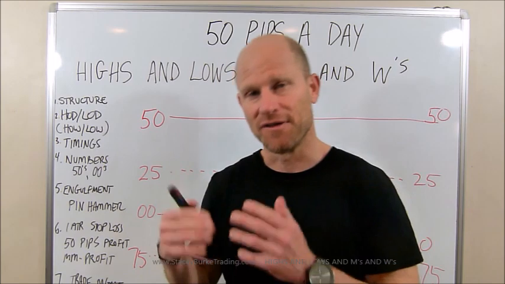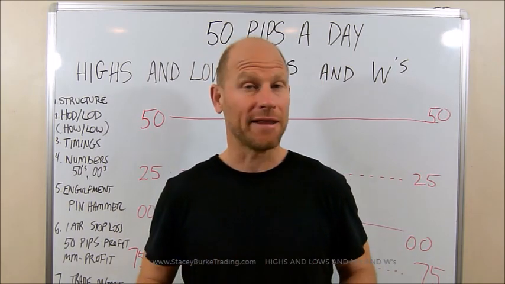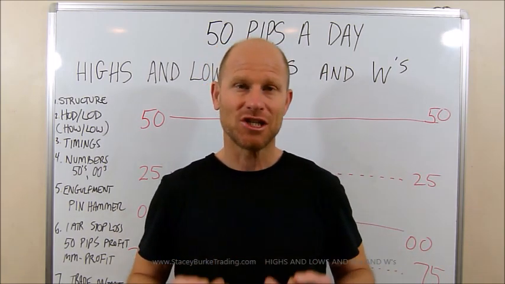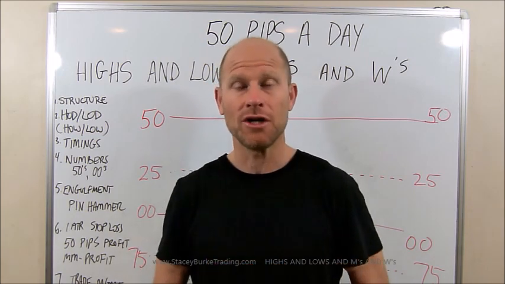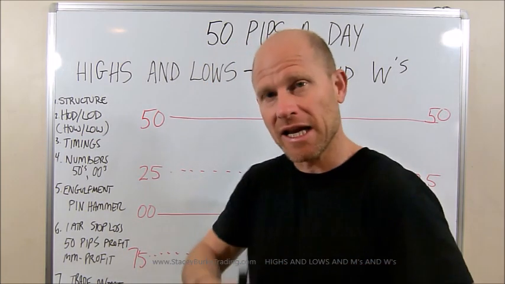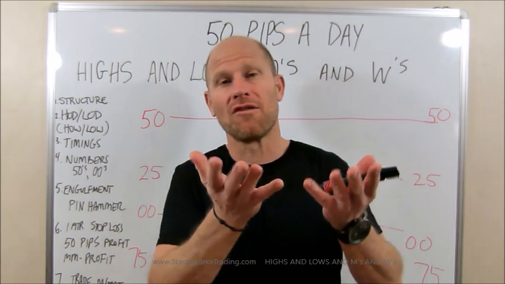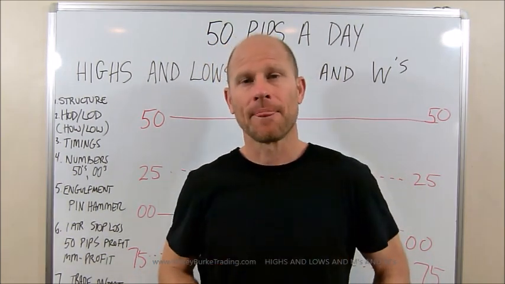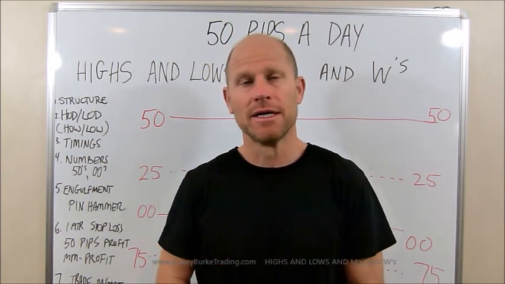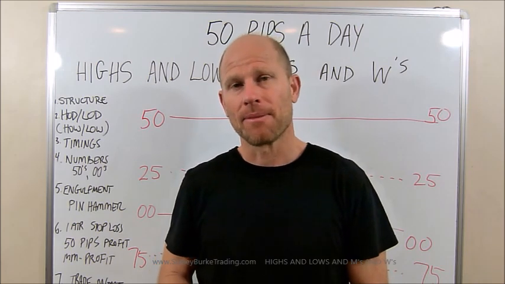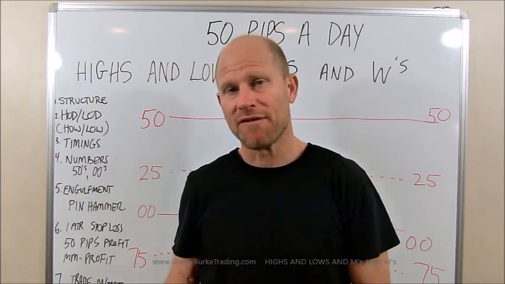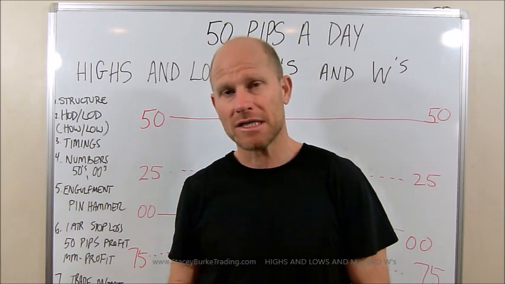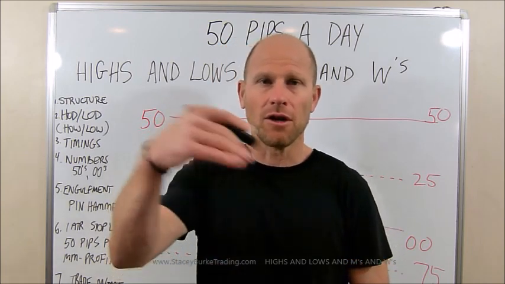So we talked about 50 pip boxes, understanding that quarter levels are often stop hunt extensions of a range, so they'll trap volume down in a quarter level or up in a quarter level before shifting the market away. And again, yesterday's pound New Zealand, classic example, moving 50 pips away from the high of the previous session before working the low.